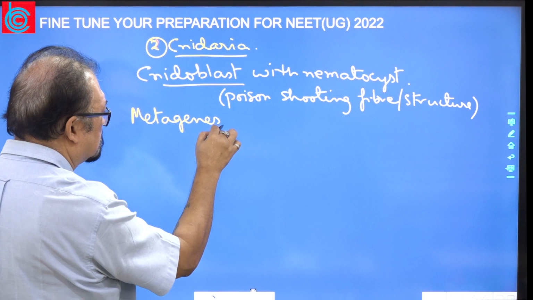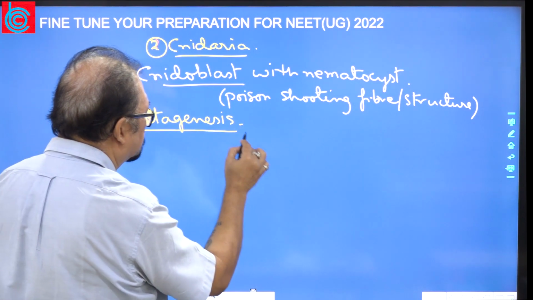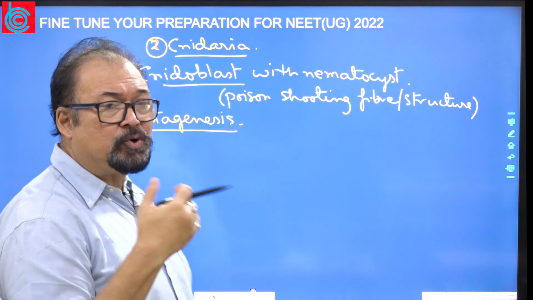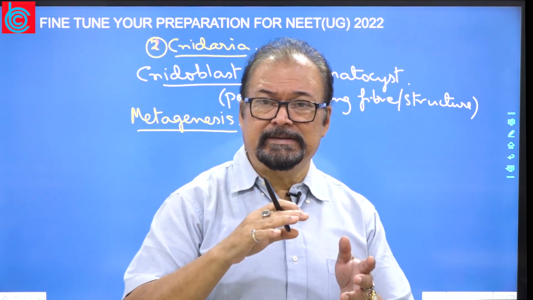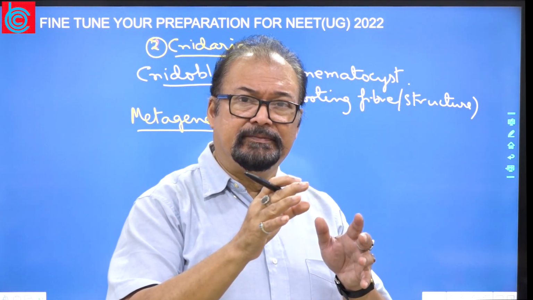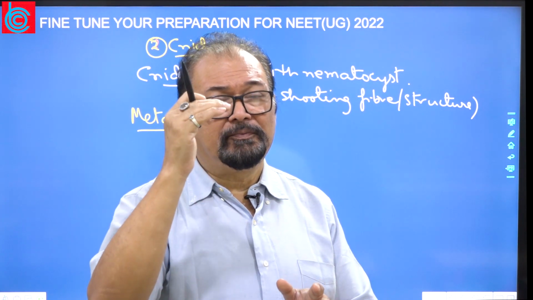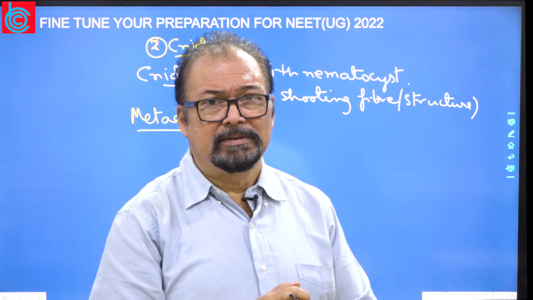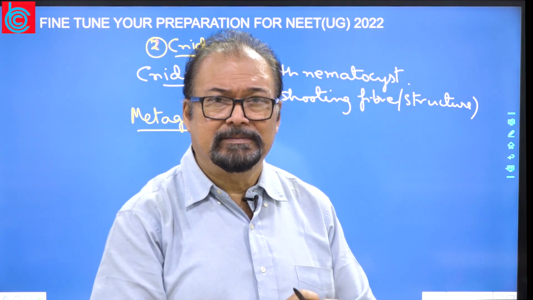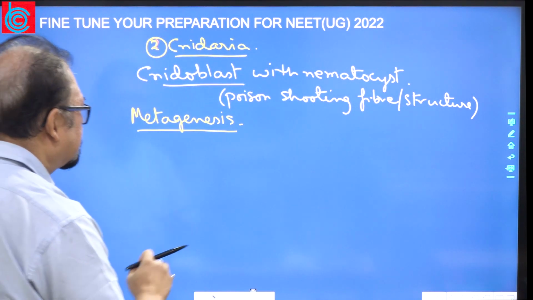Metagenesis. It is present only in the Cnidaria. What is the metagenesis? Here the vegetative asexual polyp and the sexual free-floating medusa is present in the same life cycle. So, what is metagenesis?